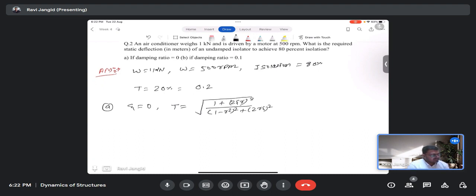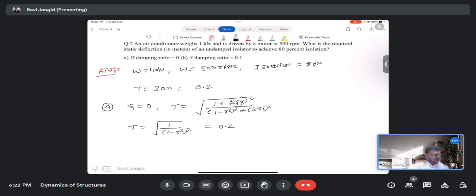If I put ζ equal to 0, what becomes my transmissibility? It becomes 1 over 1 minus r square.